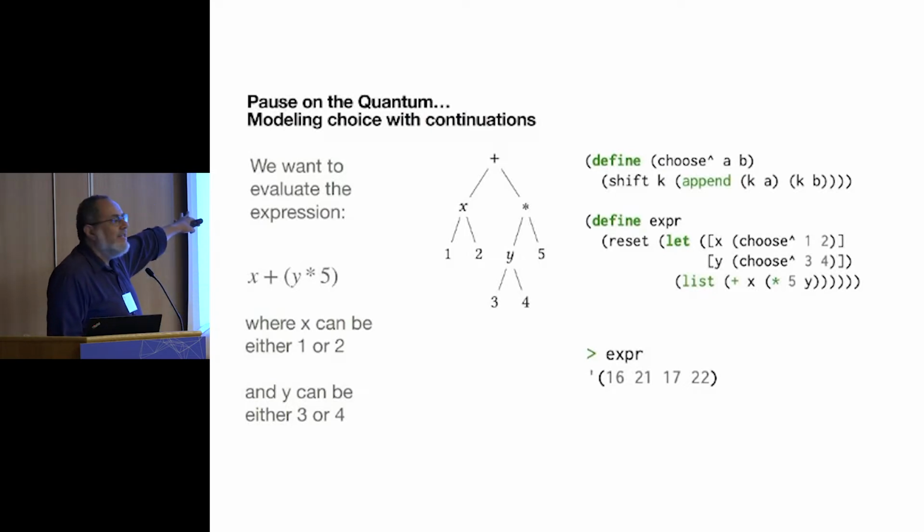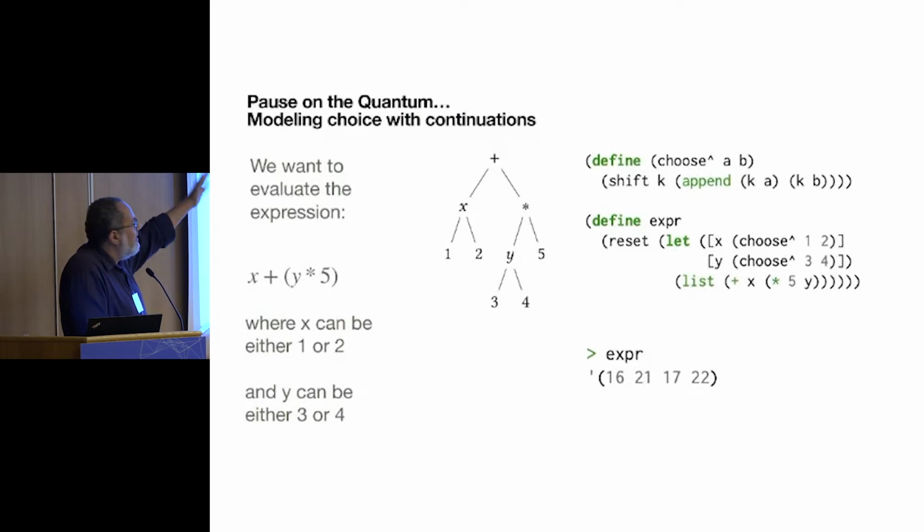So I have an expression x plus y times 5, and I want to evaluate this expression. I'm telling you x can be 1 or 2. There's a choice of what the value of x is, and there's a choice for what the value of y is. So you could draw a tree like this to show what the data structure is, what the data is.